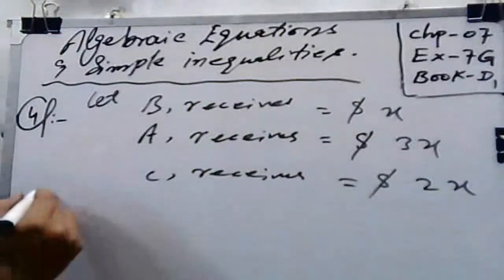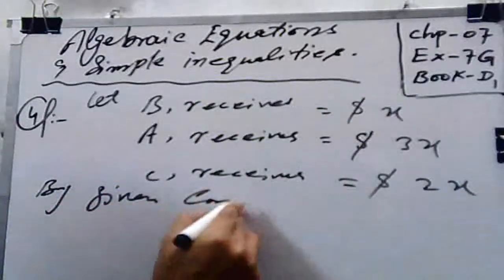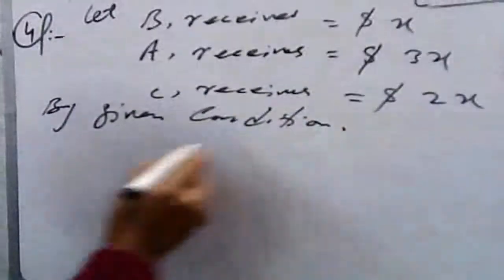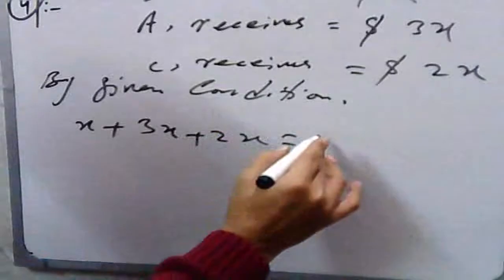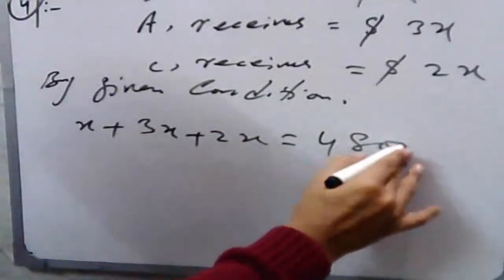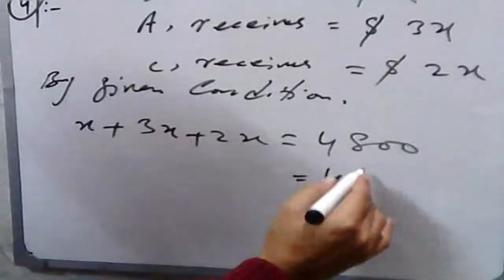So by the given condition we have to find the sum. So the sum, that is x plus 3x plus 2x, is equal to 4800. That is your derivation of the equation.